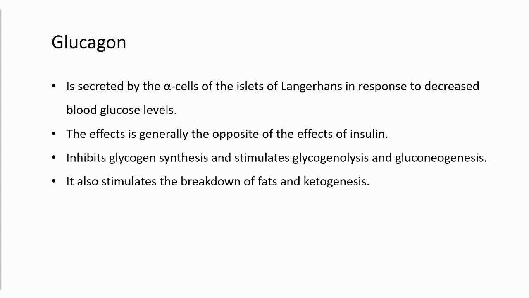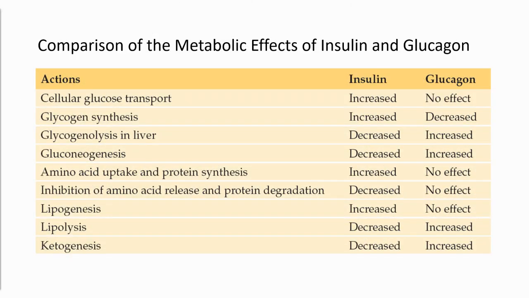Okay? Now, here is a table showing the relationship of the different hormones in response to the different types of pathways. So, pag cellular glucose transport, walang effect si glucagon, si insulin lang. Okay? Pag mababa yung glucose level, mag-act siya. Mag-increase siya. Okay? Then glycogen synthesis, it is increasing and then decrease kay glucagon.